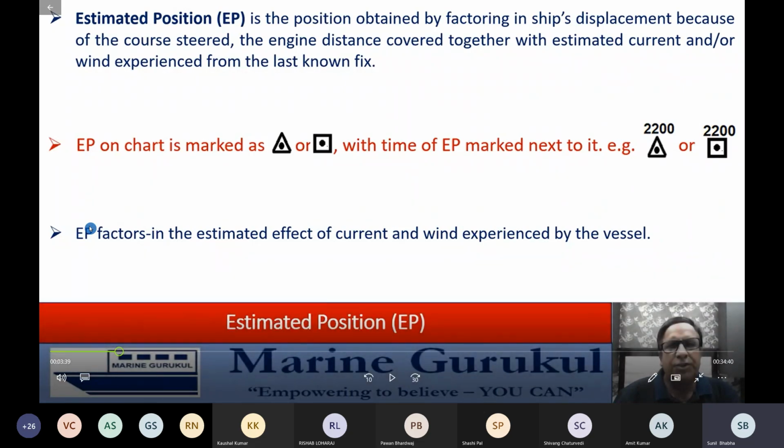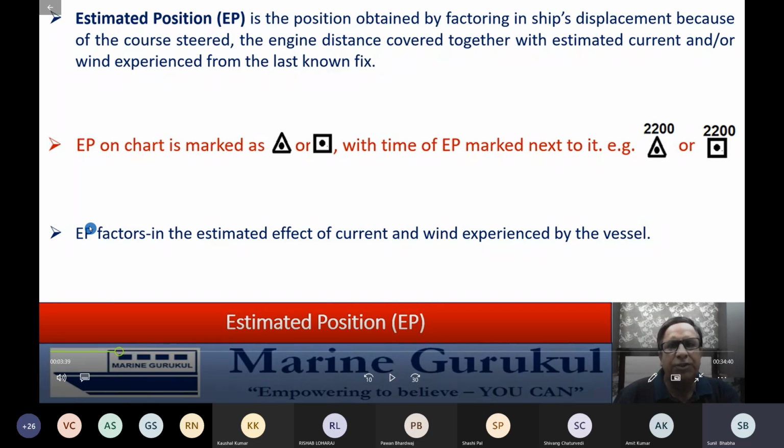As we just now saw, the best position to consider would be an observed position or a fix, because that has been actually observed either by visual observations or by using an instrument. The next most accurate position after fix would be the EP, the estimated position, because EP considers the effect of current and the effect of wind, which is pushing our ship or disturbing our ship to move in a particular direction.